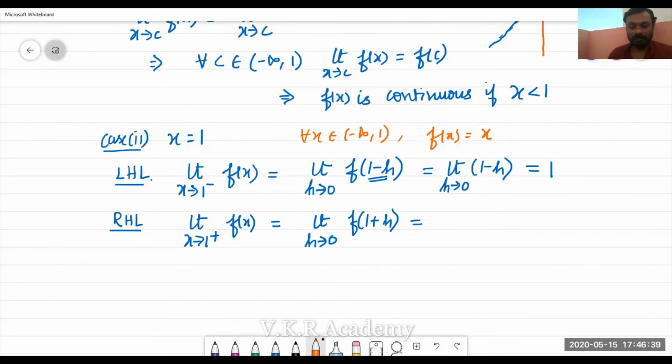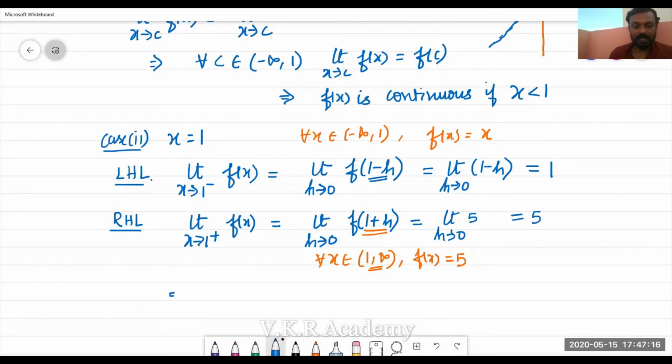And by definition of f of x, for all x which is greater than 1, your f of x is equal to 5. Since 1 plus h also belongs to the interval 1 to infinity, f of 1 plus h is 5. So it is limit h tends to 0 and f of 1 plus h is 5. So the value is 5.